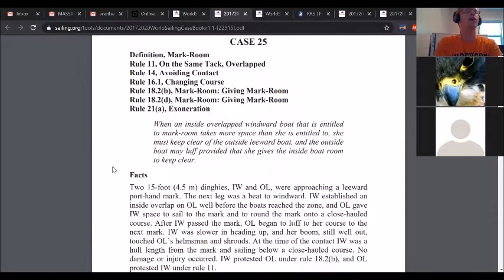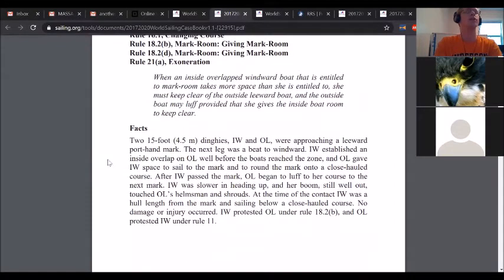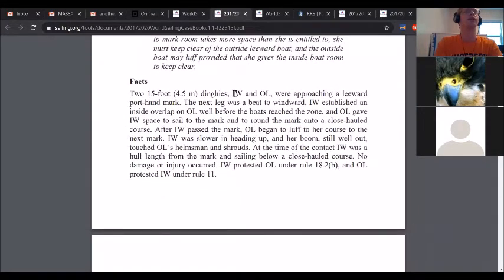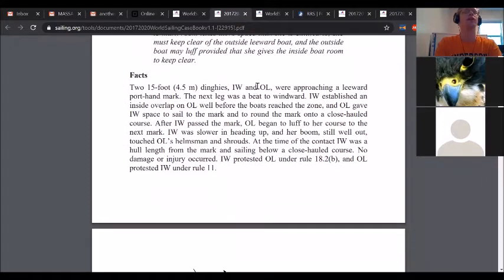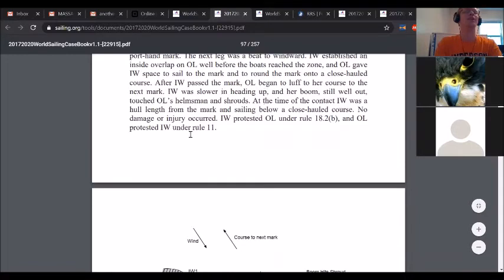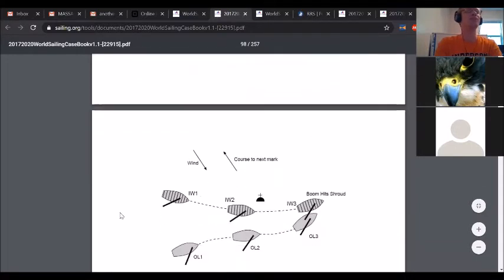All right, so let's see. We've got two, basically an FJ. We've got a windward boat, looks like inside of the mark, and a leeward boat, outside of the mark. So that's what, it wasn't talking about white in that last case. I'm just realizing when I was like, what is O for? That's typically what they do.